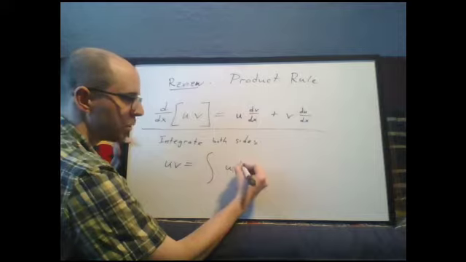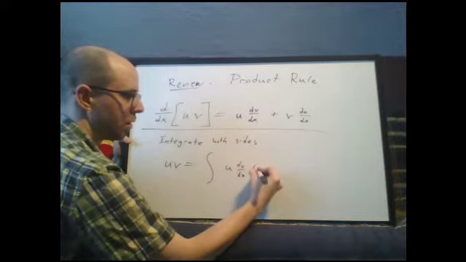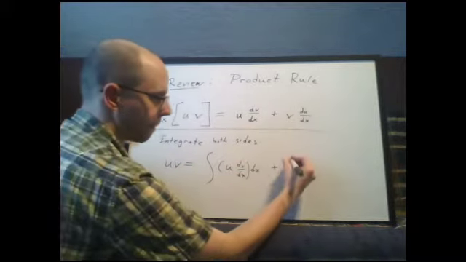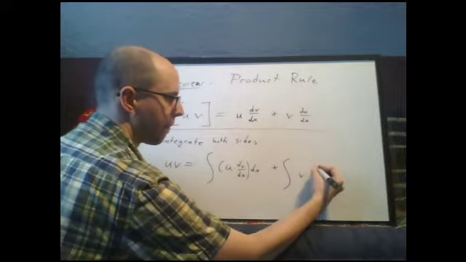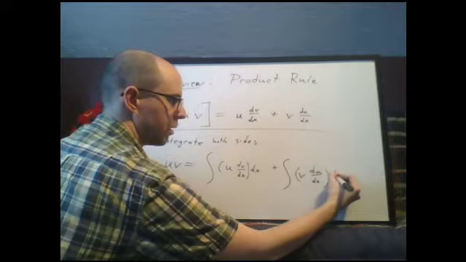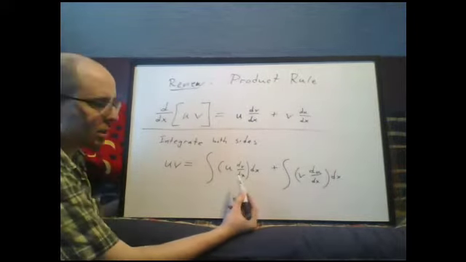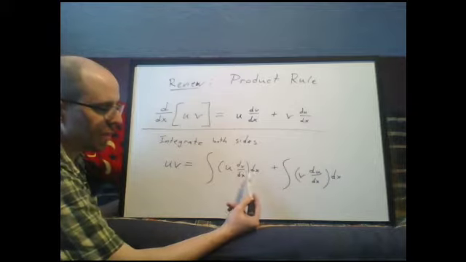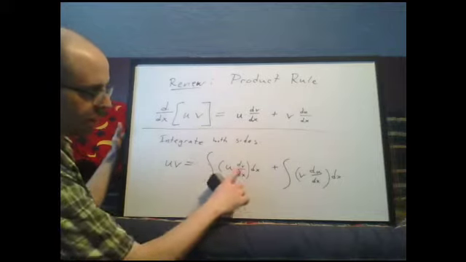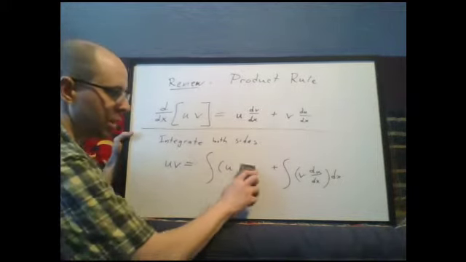Let me separate it though across this addition. So integrate. Now just for convenience, let me cancel these dx's just to make it easier to write. So dv over dx times dx, that basically gives me dv.